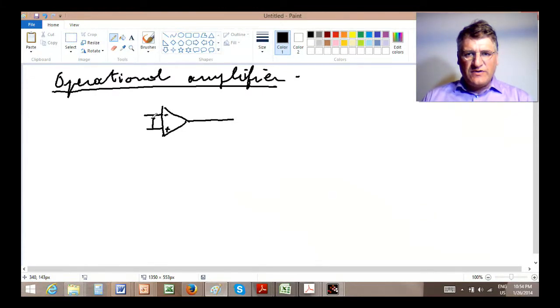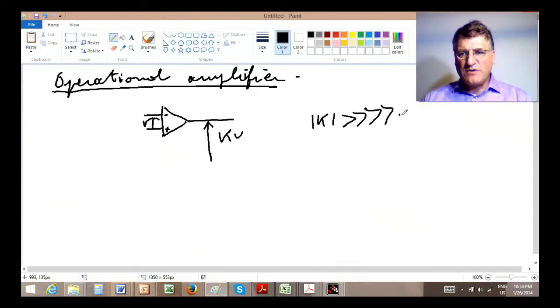If the input is V, the output is a very large number, K times V, where K in absolute value is much bigger than 1. The operational amplifier is therefore indeed an amplifier, first and foremost.